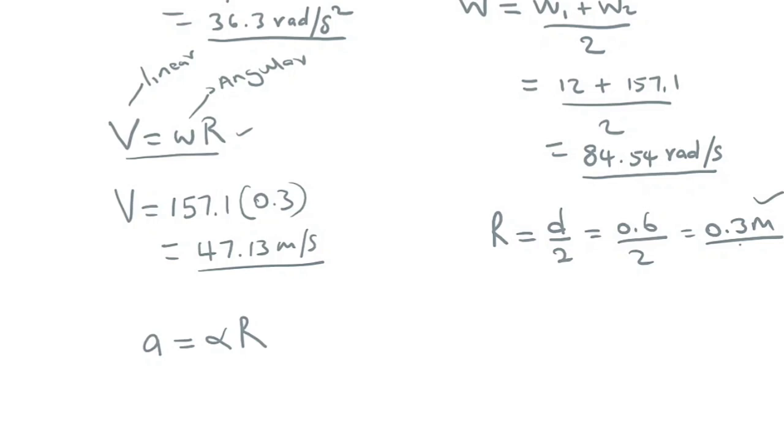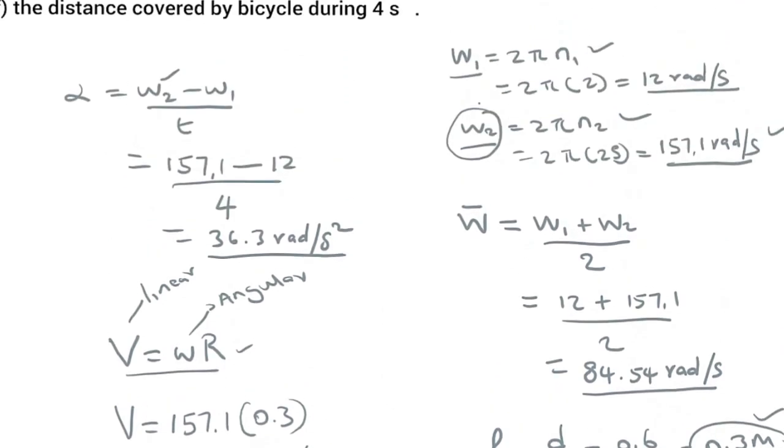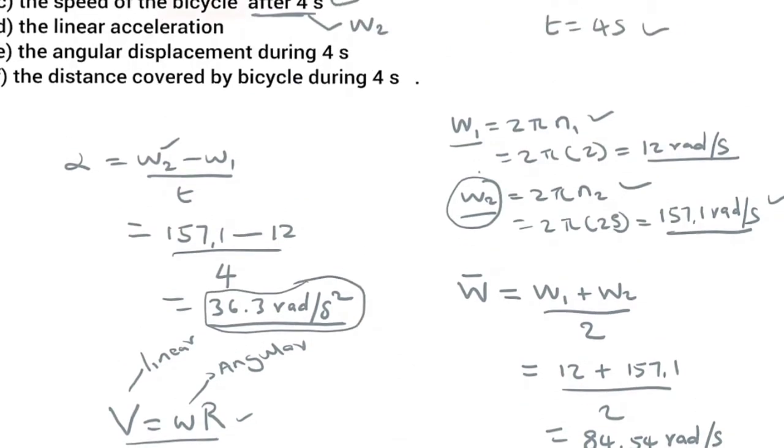Here our radius is 0.3. For the angular acceleration, we take the one we calculated first, because they didn't specify the linear acceleration after 4 seconds.